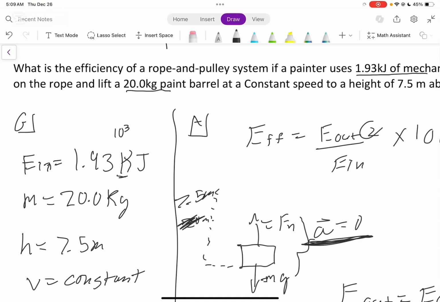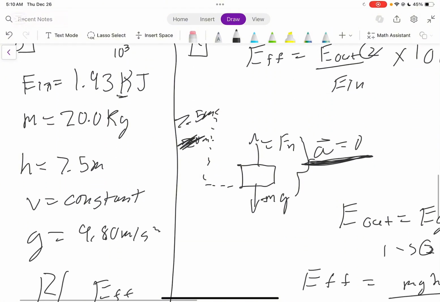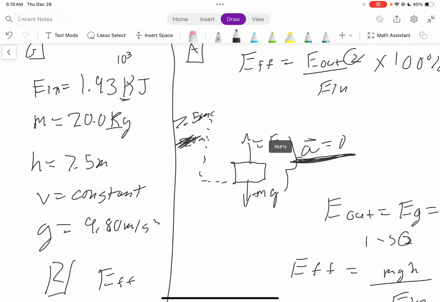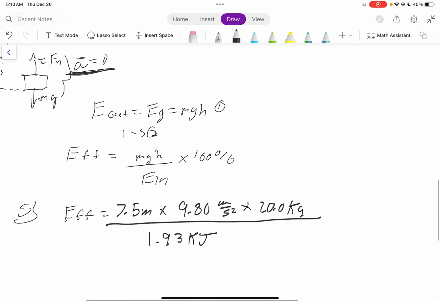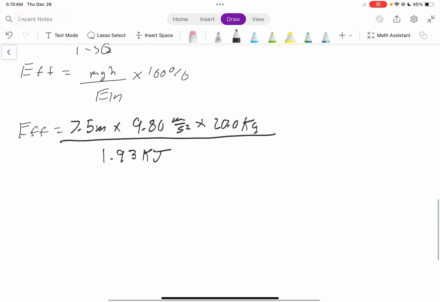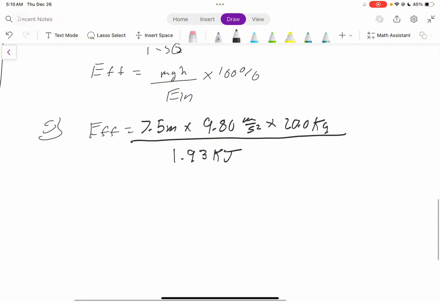It doesn't really affect how we work in this question, because our mass is also in kilograms, so we can assume everything will just work out fine, with everything in kilojoules. So we need to put this into the calculator now, and you will get 7.5 times 9.8 times 20 divided by 1.93.